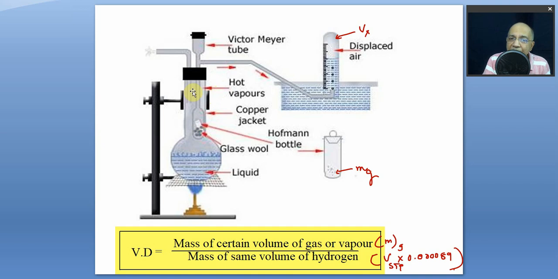So they are lighter, so the air is displaced and collected by downward displacement of water. While going through water, it will carry some extra water vapor. So whatever pressure we measure is not the pressure of the dry air. It is the pressure of dry air plus the pressure of water vapor, what we call aqueous tension.